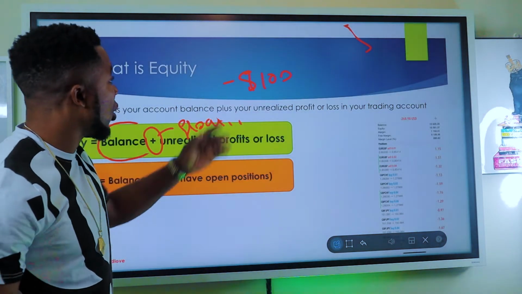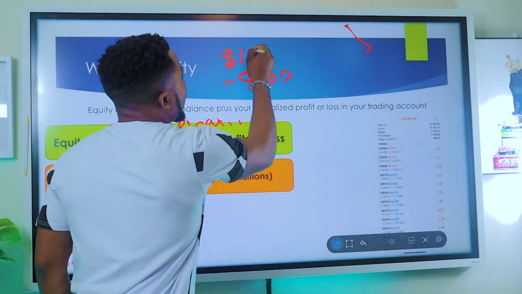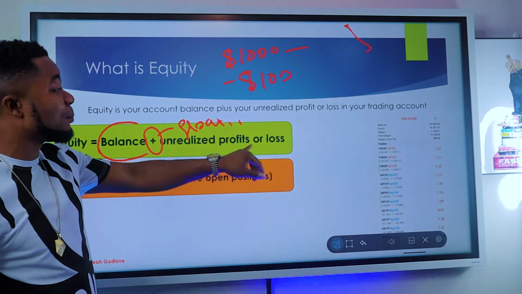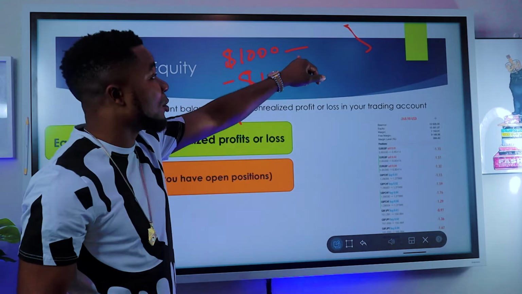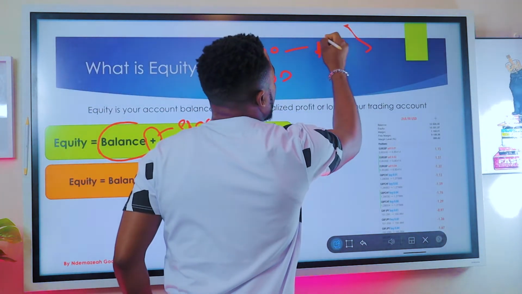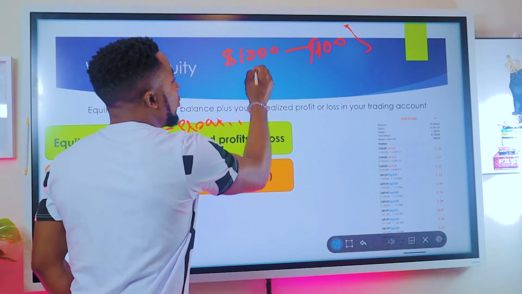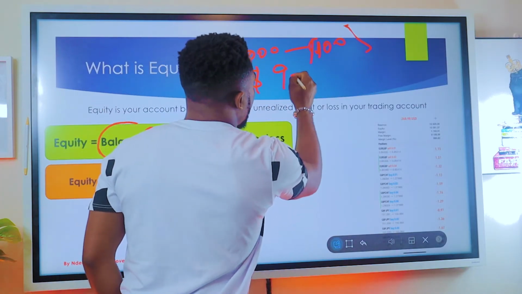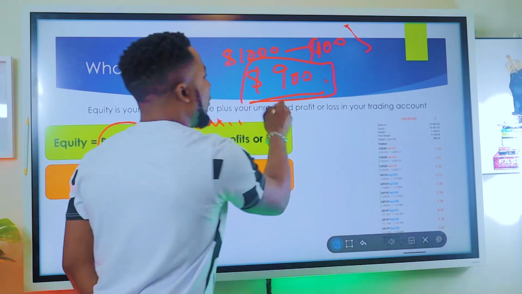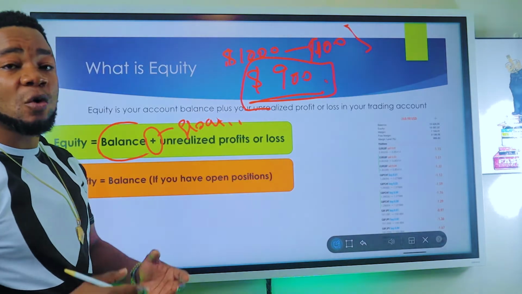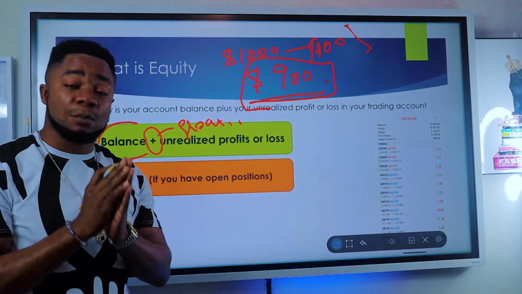Our equity will be $1,000 plus the unrealized profit or loss, which is minus $100. So our equity will now be $900.